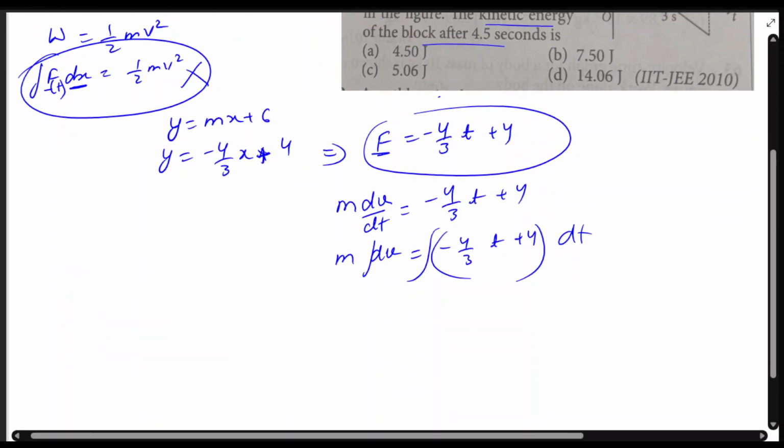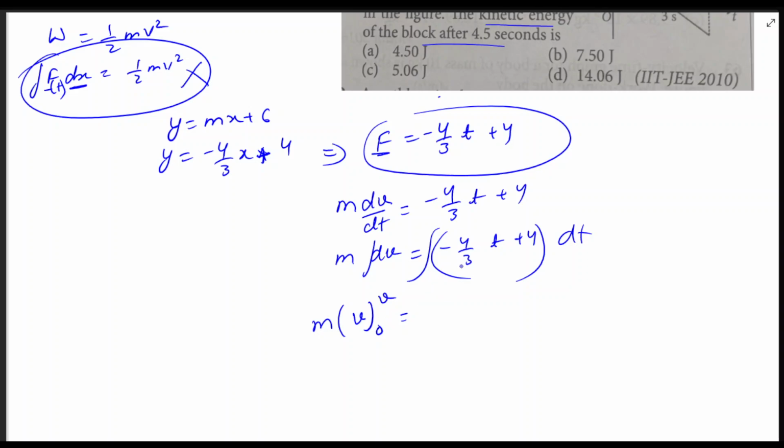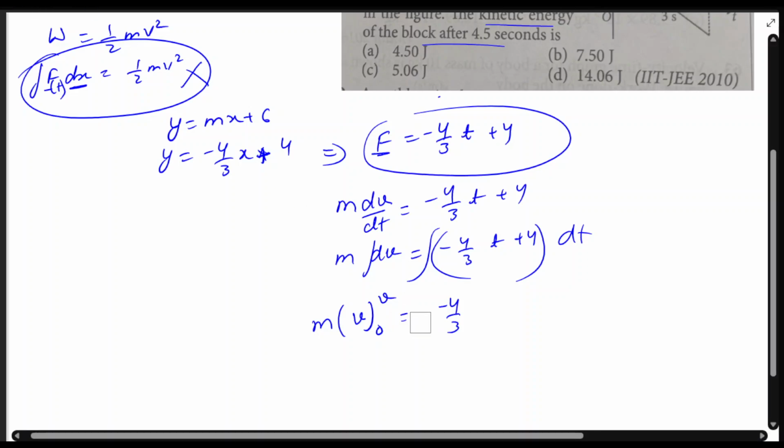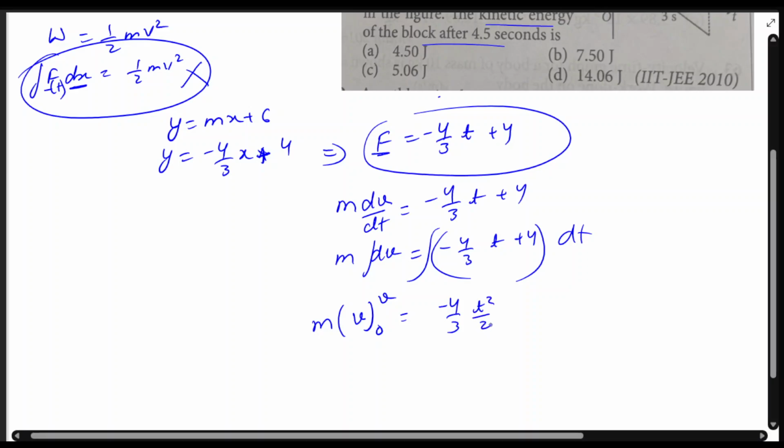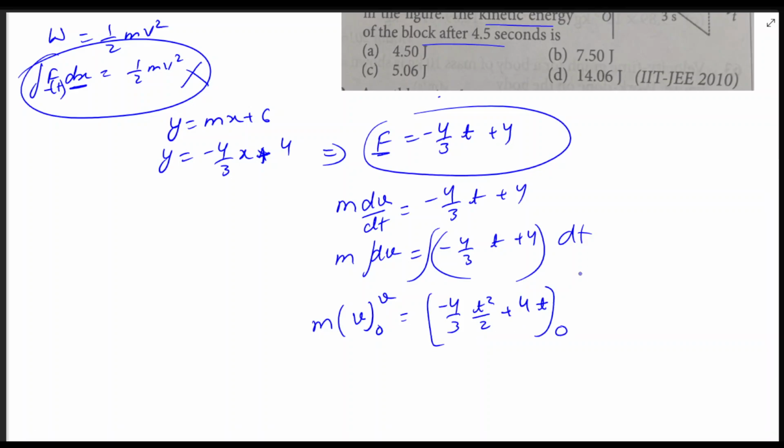So we will get m v from 0 to final v, because initial was 0, equals minus 4 by 3 times t square by 2 plus 4t, from 0 to 4.5 I have to put.